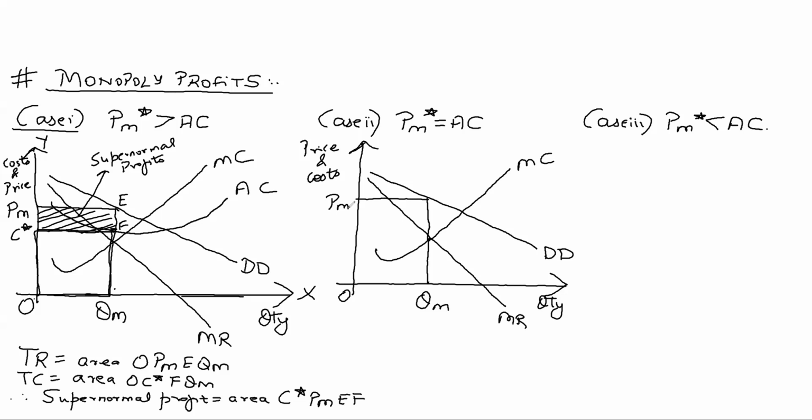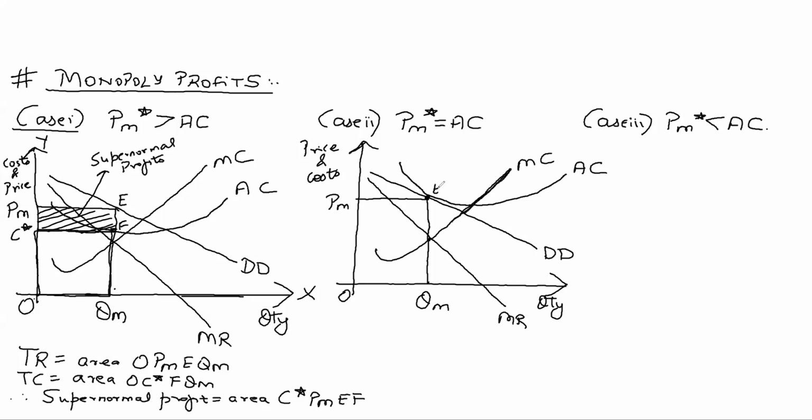Now suppose my average cost curve is like this. Suppose this is my average cost curve. You can see in all the diagrams MC cuts AC at its minimum. You can see that the marginal cost curve is cutting the average cost curve at its minimum.